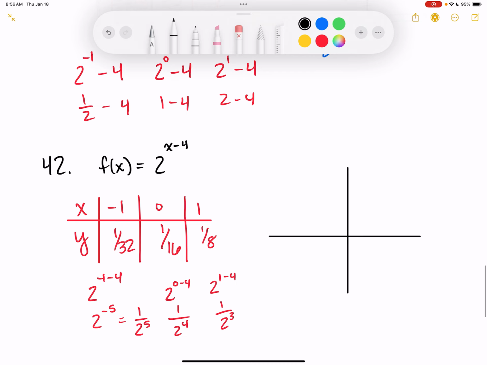I'm just going to spread out my 1 and make my 1 way up here on this one so we can visually see it a little better. So at -1, it's at 1 over 32, so that's going to be super, super close to the line. 1 over 16 is going to be a little higher up, and then 1 over 8 a little higher than that.